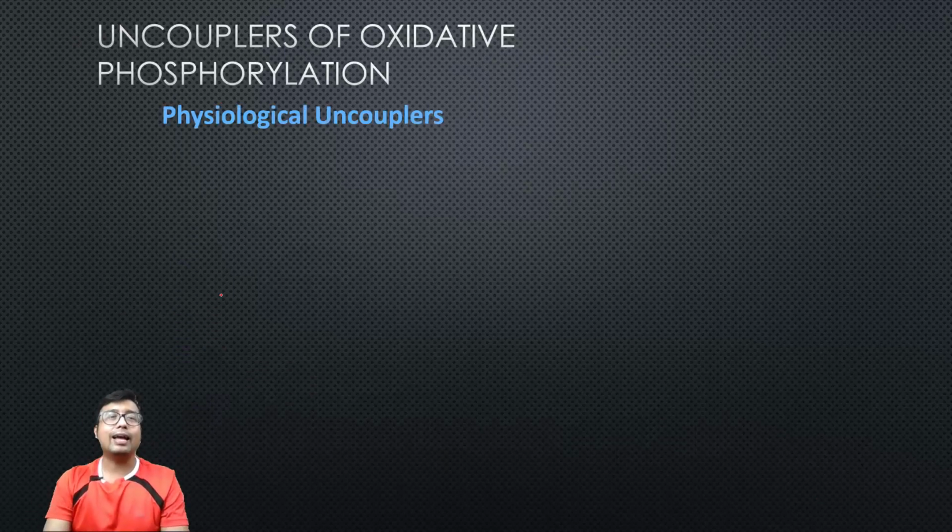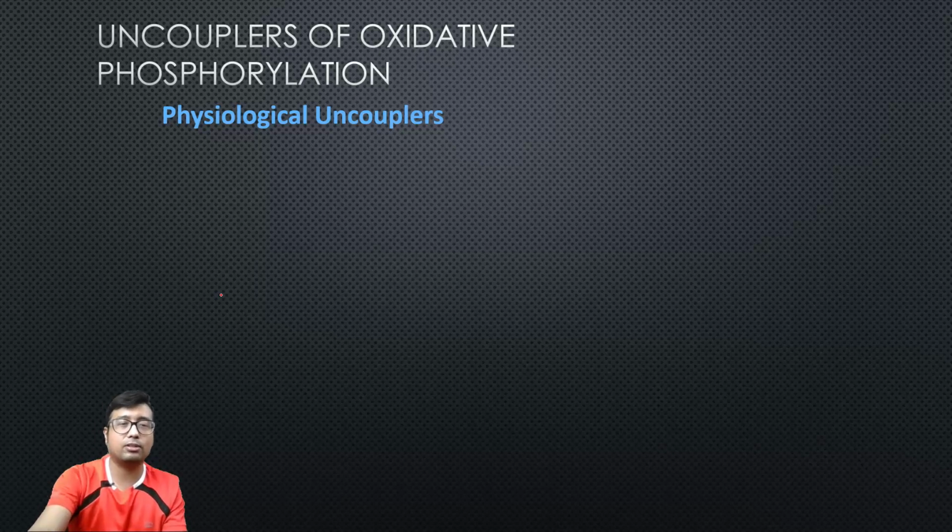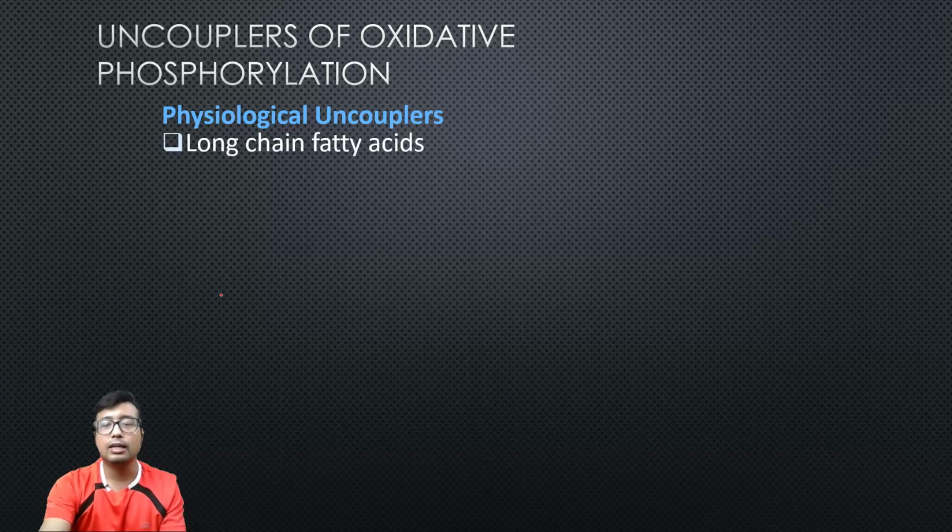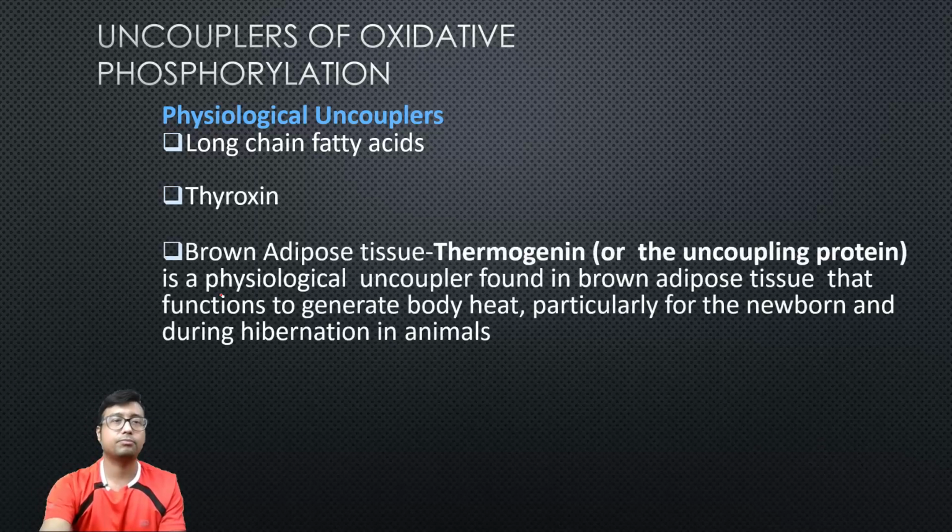Next, we continue with the uncouplers, but now we look at the physiological uncouplers. So, what are physiological uncouplers? Long chain fatty acids, hormones like thyroxine, and a special uncoupling protein known as thermogenin that is present in brown adipose tissue.